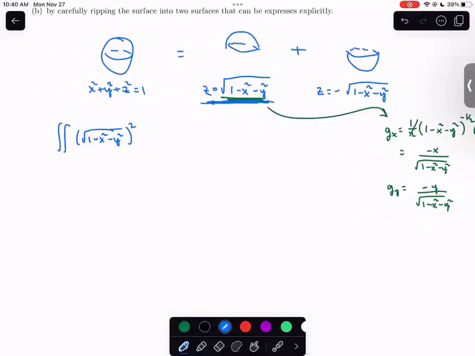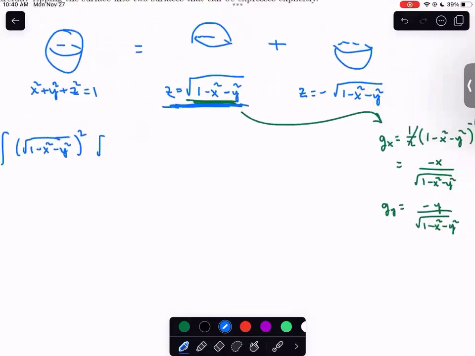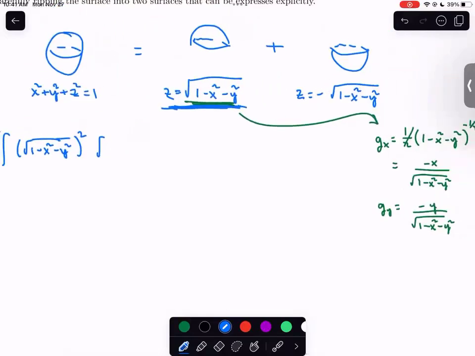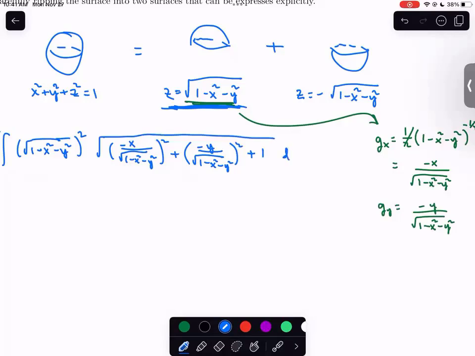So instead of dS, I'm going to swap that in for the square root of g sub x squared, so that's negative x divided by all this stuff, squared, plus g sub y squared, plus 1, dA.